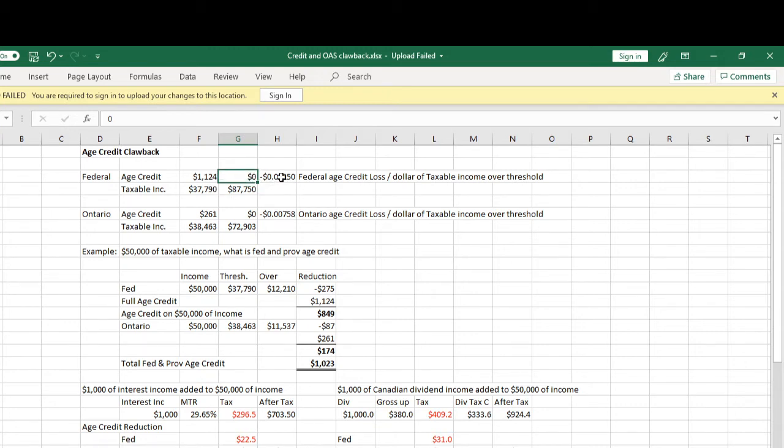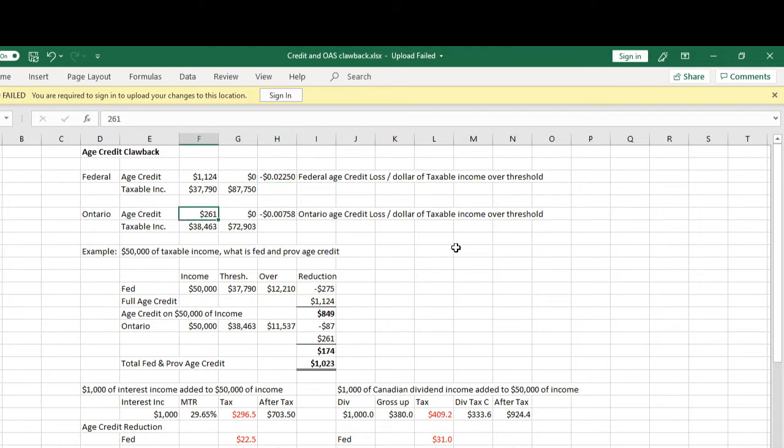So this is the way I do it. Other people do it differently, but I like it this way. So that means for every dollar above 37,790, I lose 2 cents in federal age credit. Now, every province has their own age credit as well.